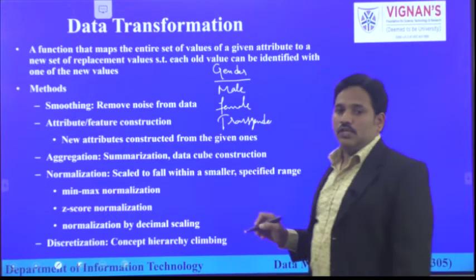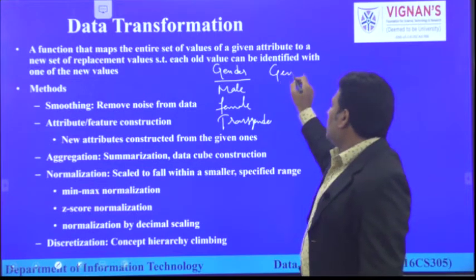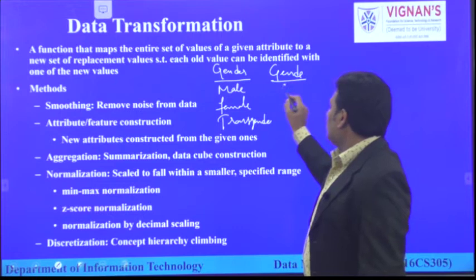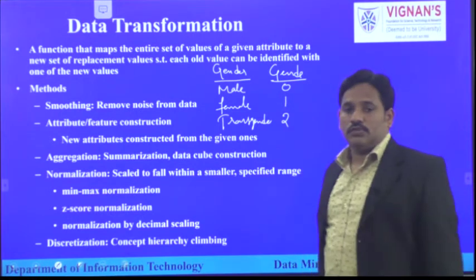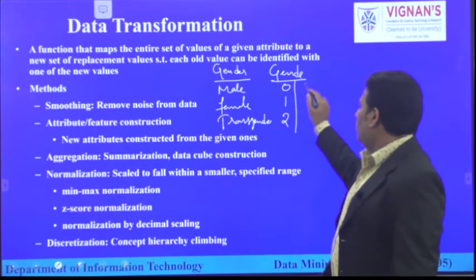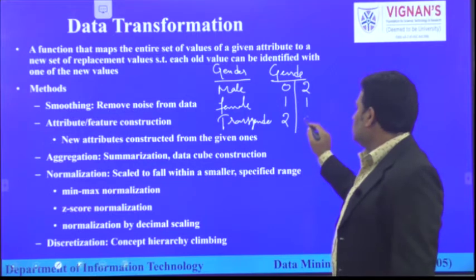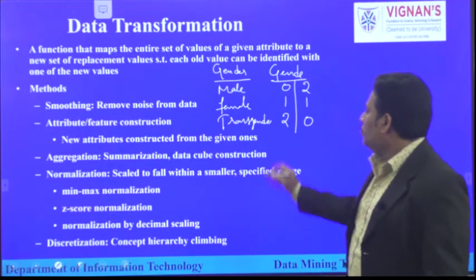We want to replace these values with another format of data. Like here we are replacing male with 0, female with 1, trans with 2. Choice is yours. Or we can go for the reverse. Alternatively, we can go for 2, 1, 0. All are accepted.